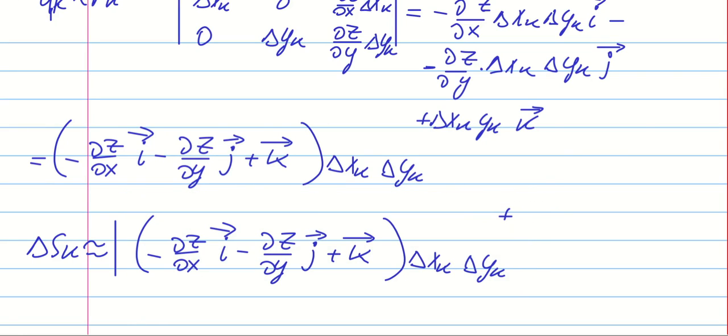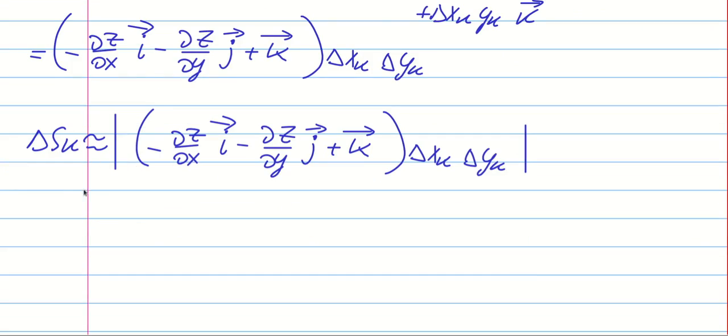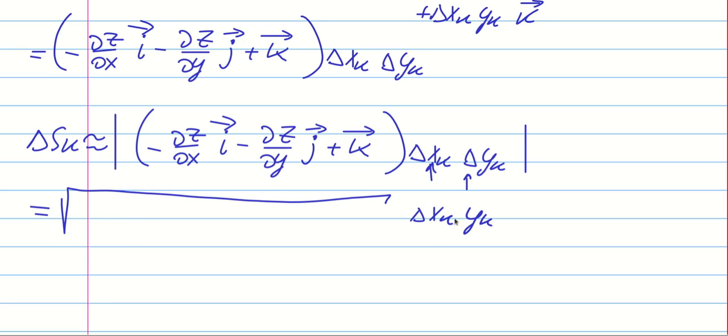Okay, so we have to calculate the length of this vector. So it's going to be the square root of, so this is a fixed number, this is a fixed number, so we can take it and put it outside, since they will be the same, these are just constants.